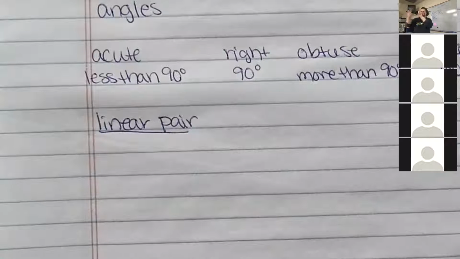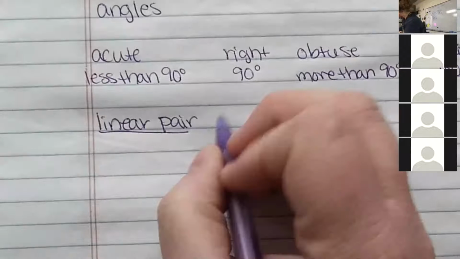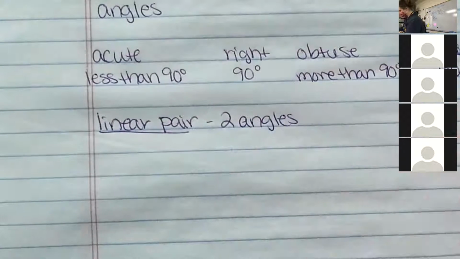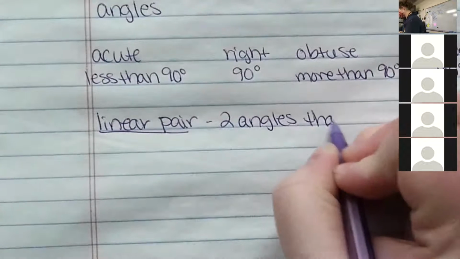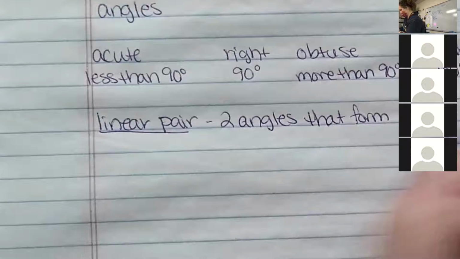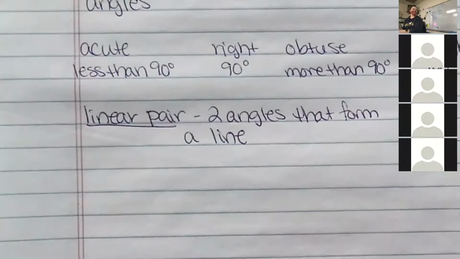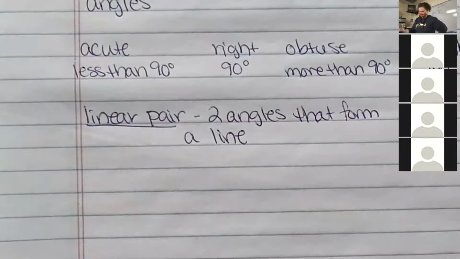So there's two angles that come together to form a linear pair, and they would have to form a line. That's a linear pair: two angles that form a line.